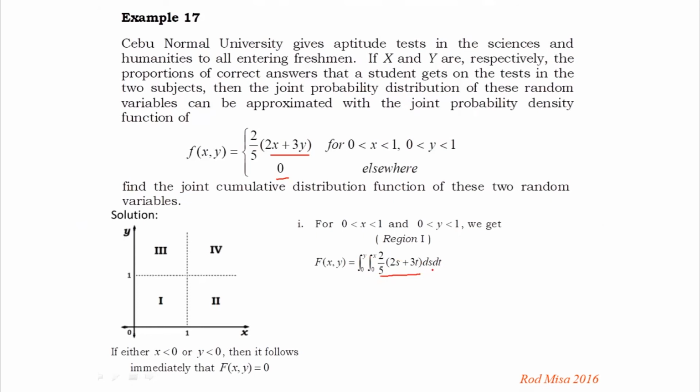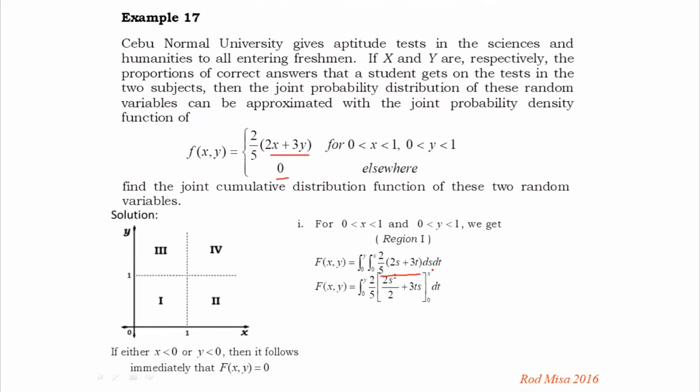So therefore, integrating this one with respect to s, we have 2s squared over 2 as the integral of 2s, and 3ts as the integral of 3t with respect to s, because t there is treated like a constant since our variable of integration is s.